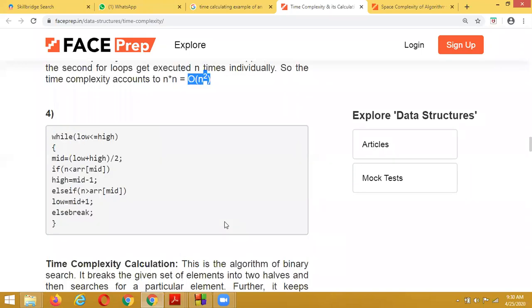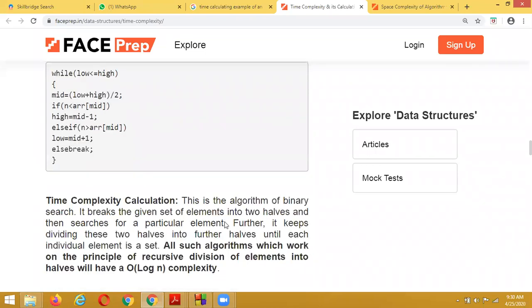And when do we indicate something as log n functionality, logarithmic O of log n? It is used with recursion.